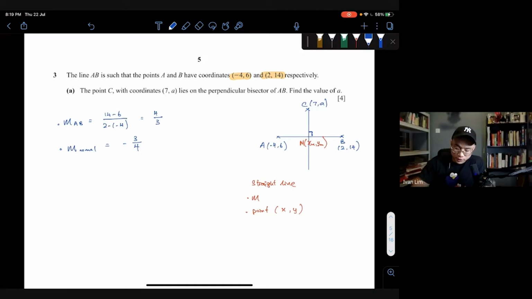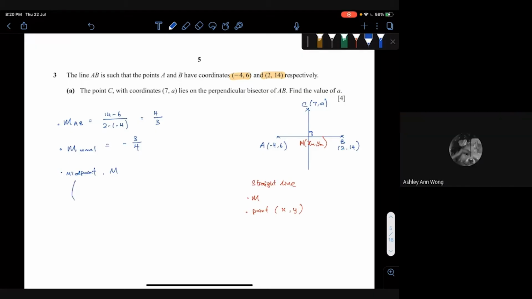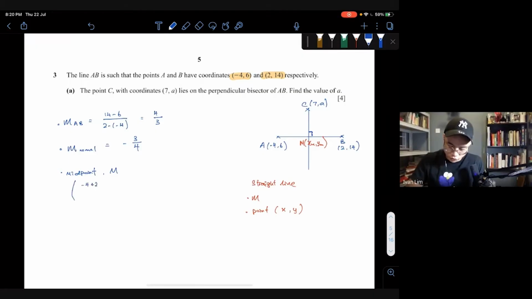Then let's find the midpoint. Midpoint M will be equal to (x1 plus x2) over 2, so (-4 plus 2) over 2, then (6 plus 14) over 2.